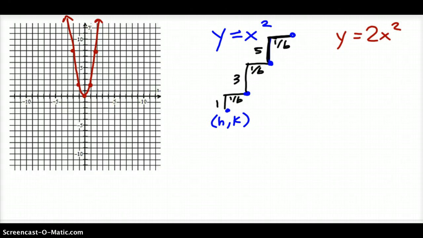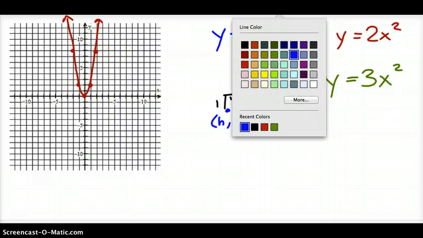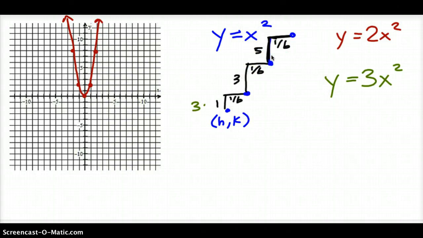Okay. If I had y equals 3x squared. Okay. So instead of multiplying the 1, 3, 5 by 2, I would now multiply them by 3. So this would be 3 times 1, 3 times 3, 3 times 5. 3 times 1 is 3, 3 times 3 is 9, and 3 times 5 is 15.